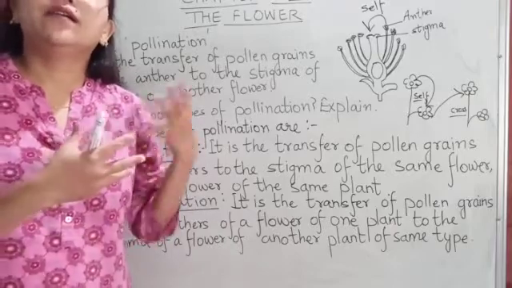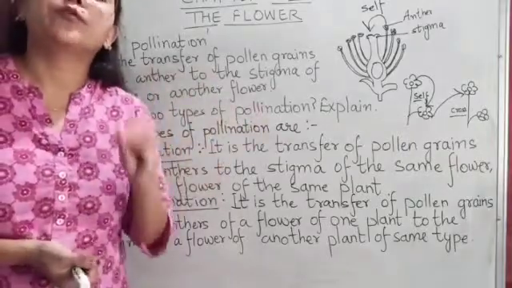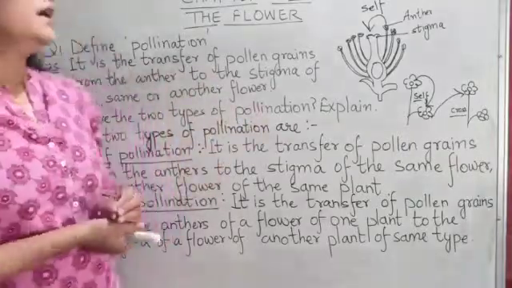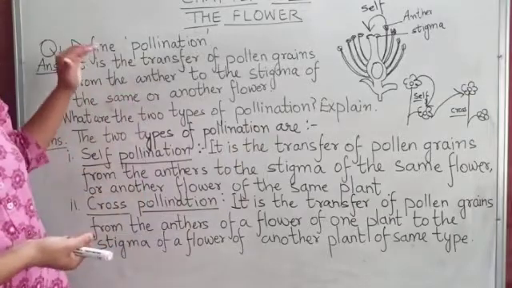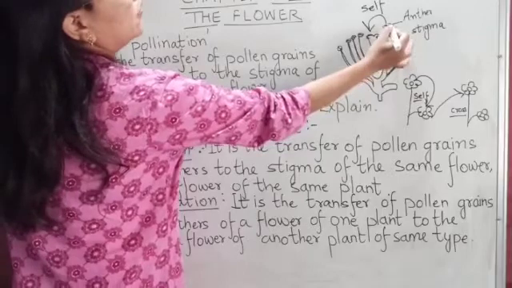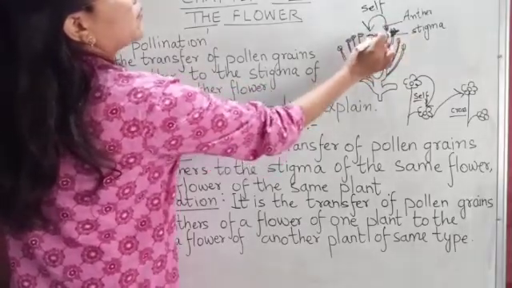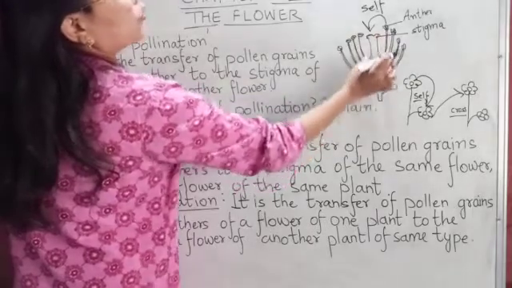And what do pollen grains contain? They contain male reproductive cells. Now when these pollen grains from the anther transfer to the stigma, this stigma is the female reproductive part.